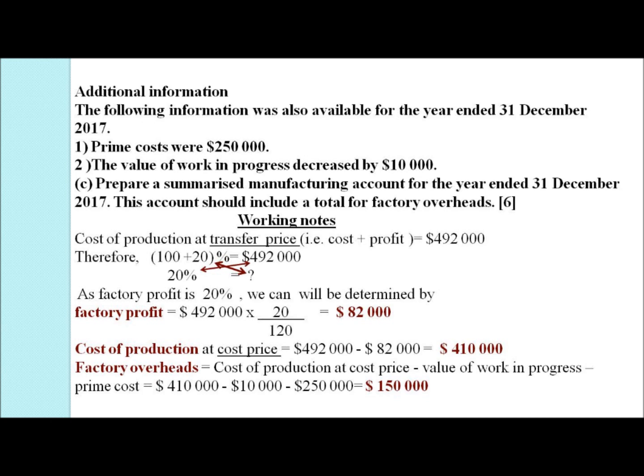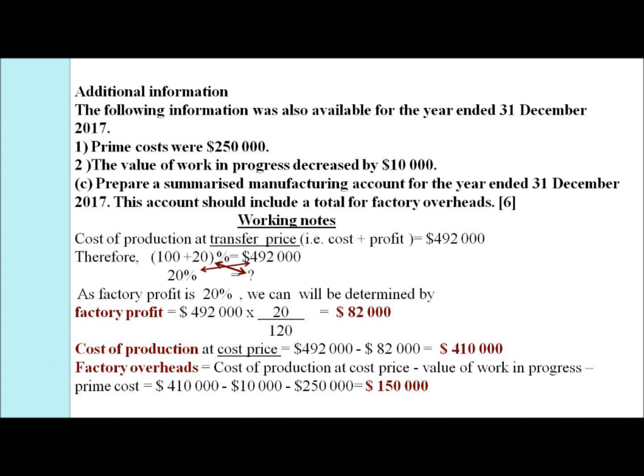From the previous calculation, we know the value of cost of production at transfer price is $492,000. However, when we say the value is at transfer price, it means it also includes a factory profit of 20%. So, if we assume the cost to be 100%, then $492,000 is equivalent to 120%.